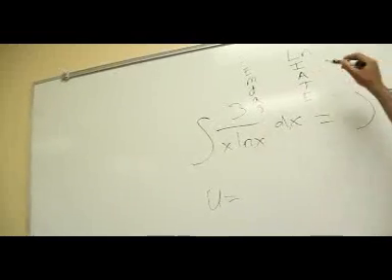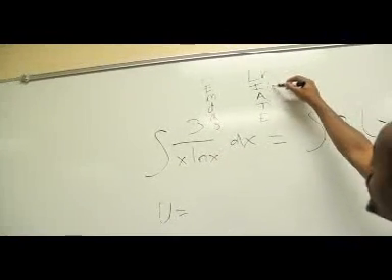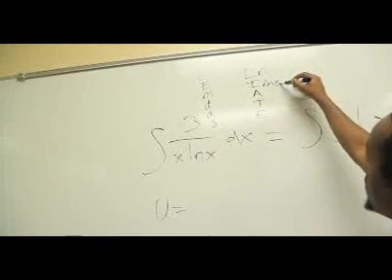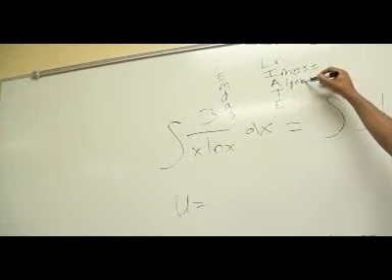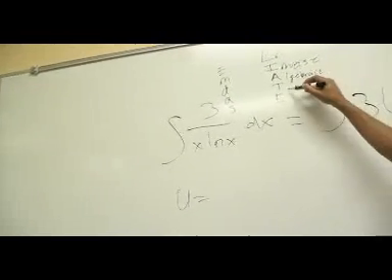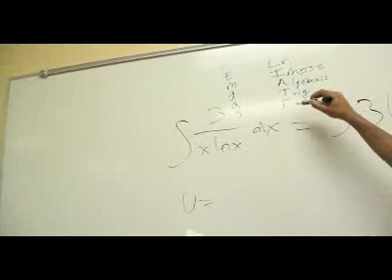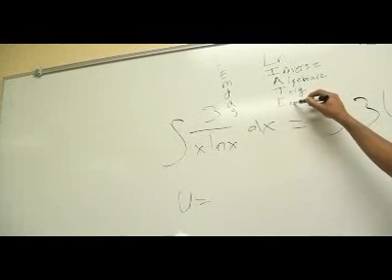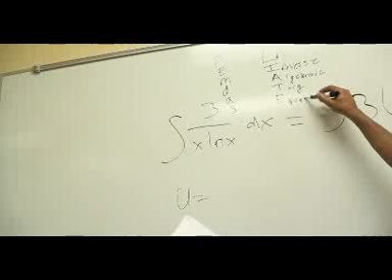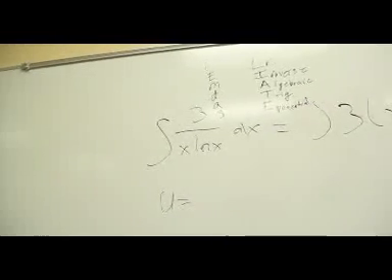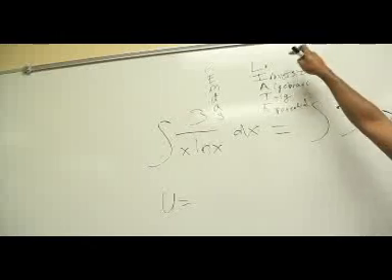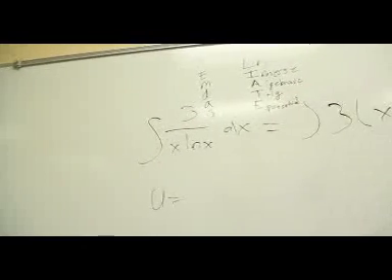But LIATE is ln, inverse function next, then algebraic, then trig functions, and always last you use your exponential functions as your u. Always remember that.